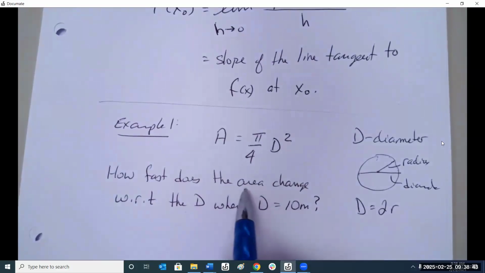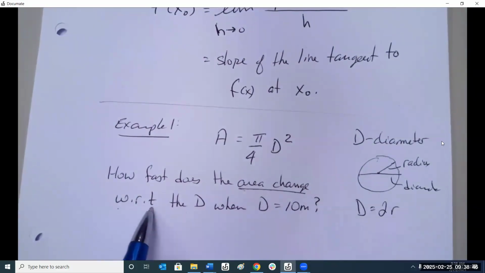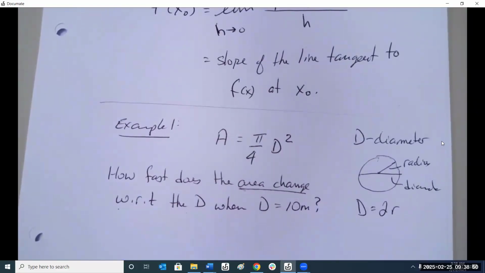How fast does the area change with respect to the diameter when the diameter is 10 meters? What am I trying to find here?